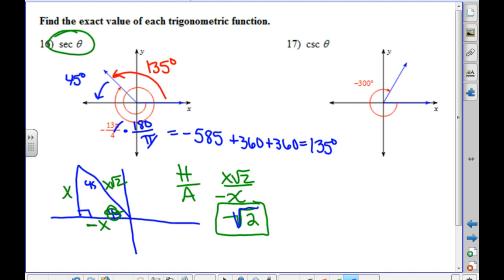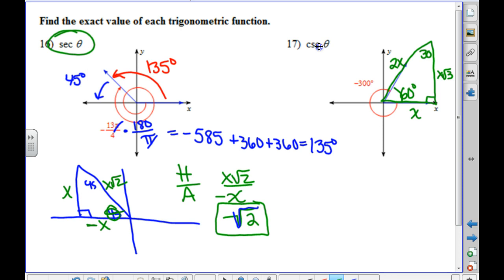Cosecant. This is a much easier question because 300 leaves us what reference angle, guys? 60 degrees. And everything in this quadrant is positive, right? The only problem is you have to remember the relationships between these. The short leg is x, the hypotenuse is 2x. Anybody remember the long leg? x square root of 3.